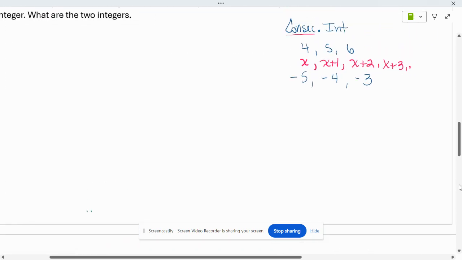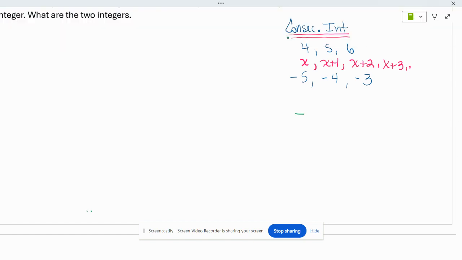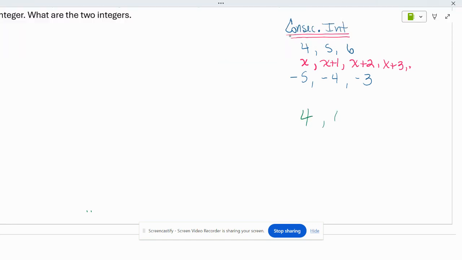So sometimes you're asked to find consecutive integers, but sometimes you're asked to find consecutive odd or even integers. I'm just going to count by evens. So how about if we did 4, 6, 8? Those are evens. Or odds like 7, 9, and 11.